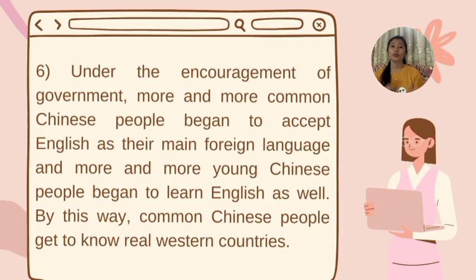And sixth, under the encouragement of government, more and more common Chinese people began to accept English as their main foreign language, and more young Chinese people began to learn English as well. In this way, common Chinese people get to know real Western countries.